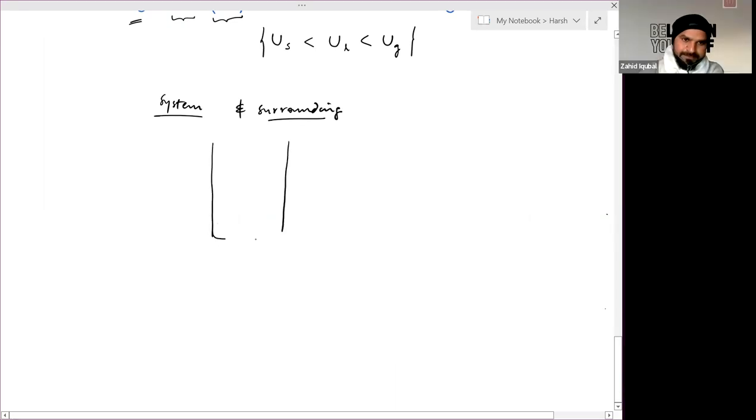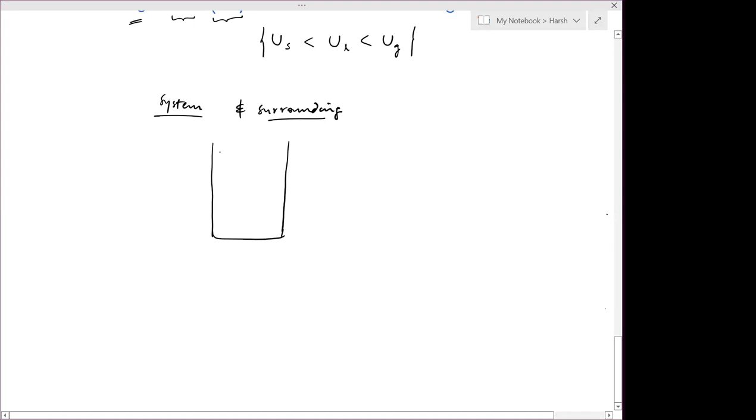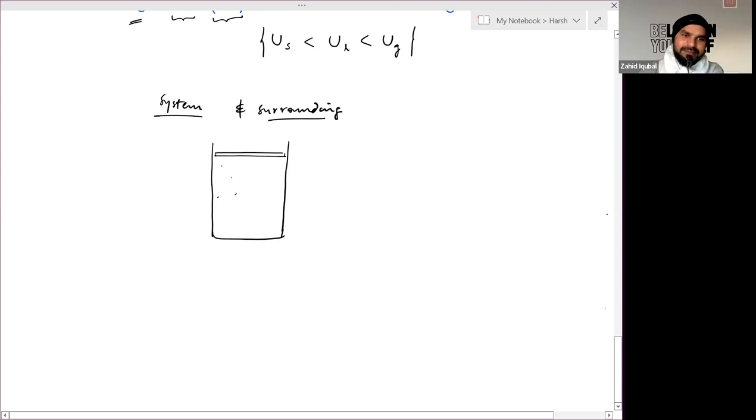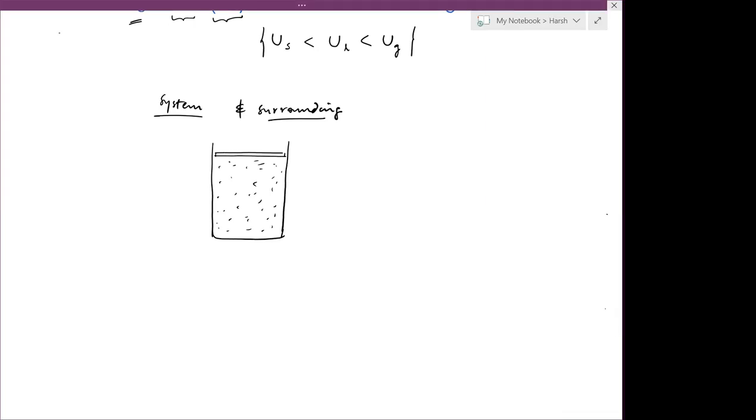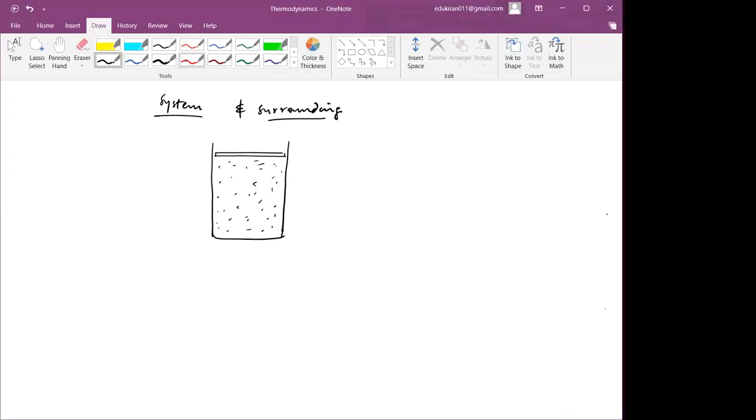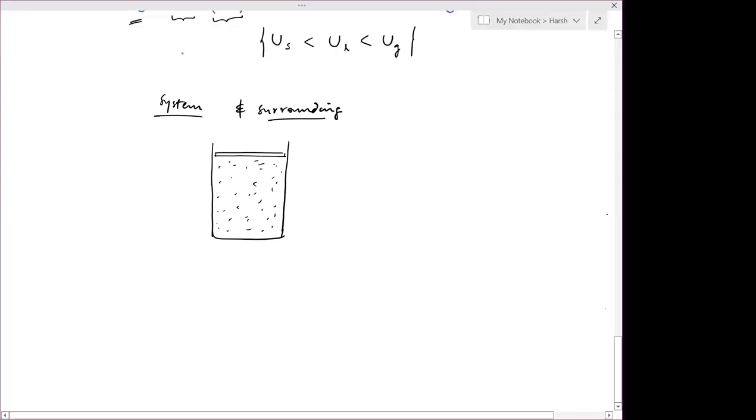Sir, surrounding is everything outside the system that has a direct effect on the system. Okay, and what do you mean by system? A system is an assembly of large particles. No, wait. Sir, I don't remember the proper definition of system.